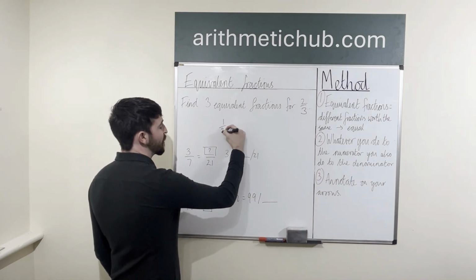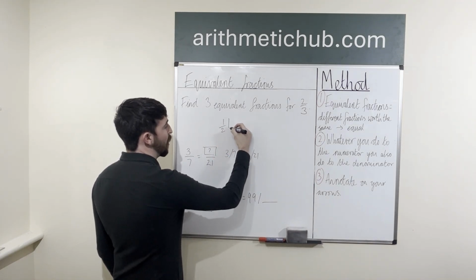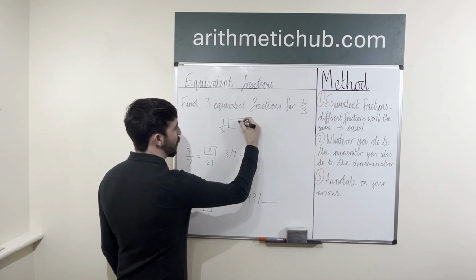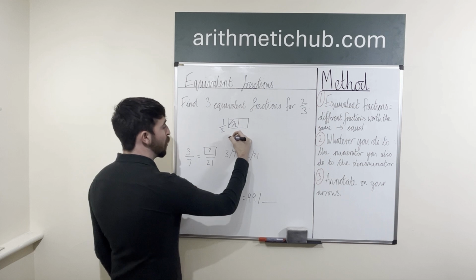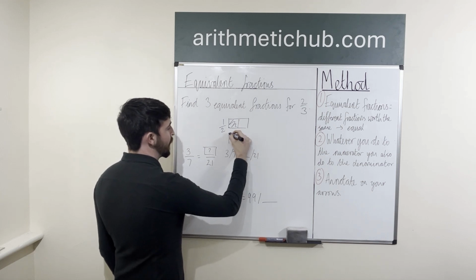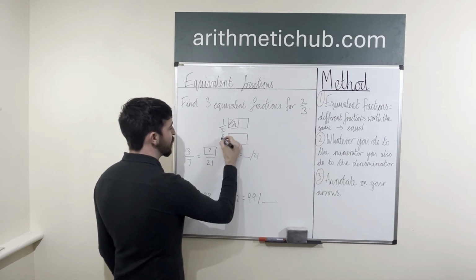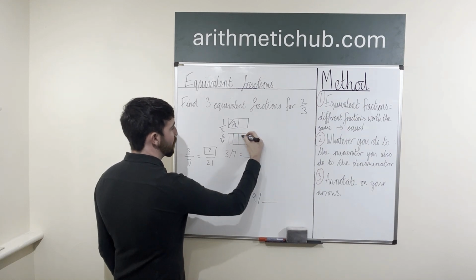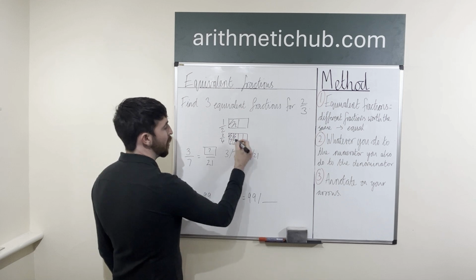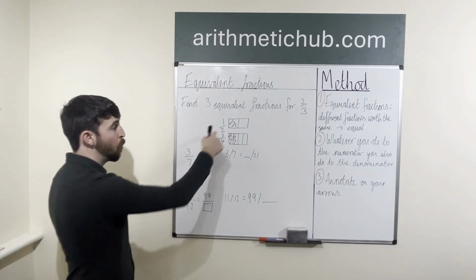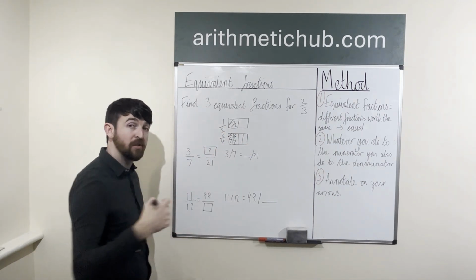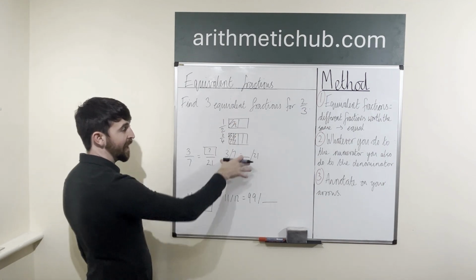So you might see, for example, you might have a half, and a half might look something along the lines of this. But you might also have something that looks like this, 2 quarters. And if it's split into quarters, you've got exactly the same amount. 1/2 is this, 2 quarters would be that. They're both worth exactly the same amount.